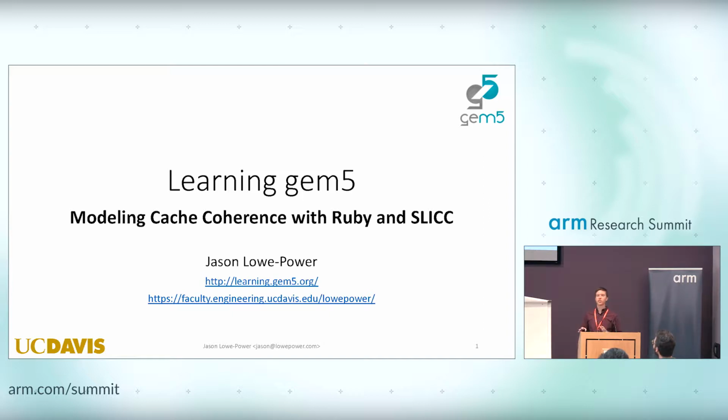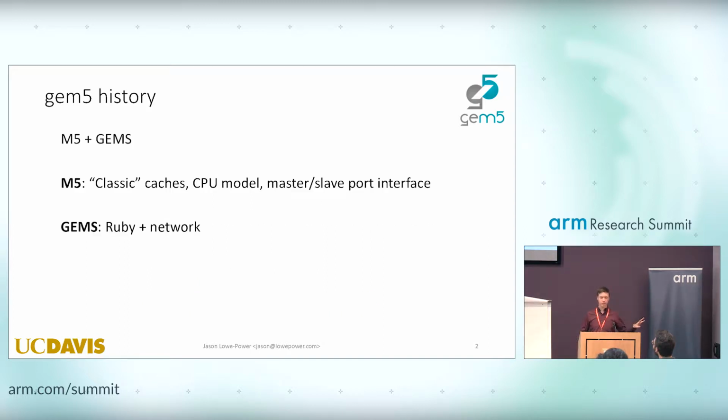So to quickly go through a little bit of history and why there's this separation between the classic memory and Ruby: initially gem5 was the M5 project at Michigan and GEMS at Wisconsin. And M5 had really great support for CPU models, this master-slave port interface, and had a cache model with it.